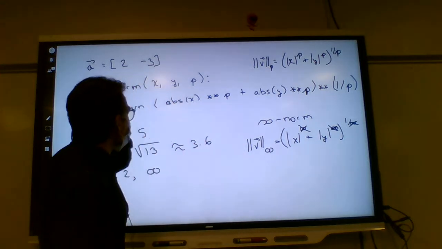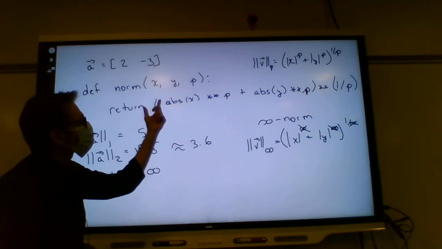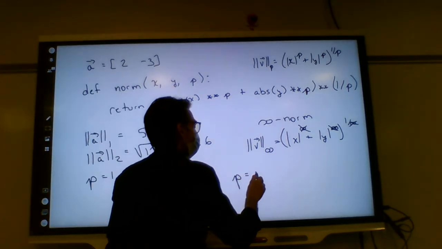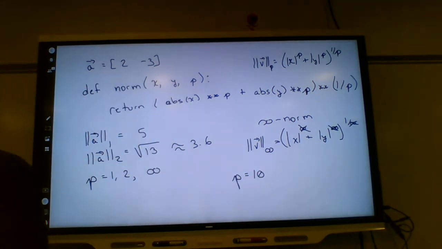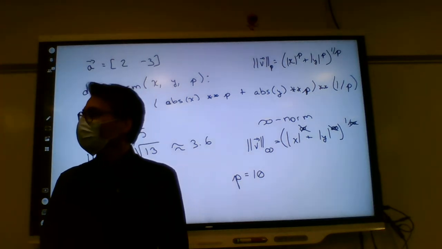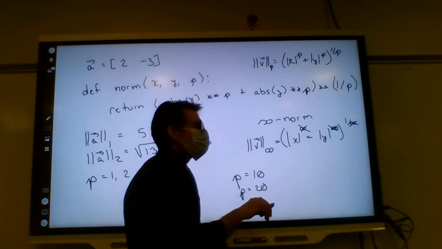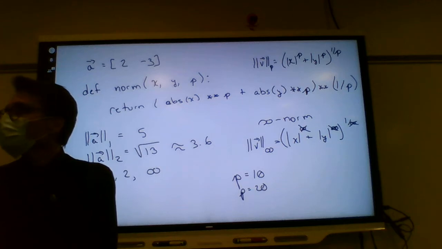All right, so let's try this again. Run this with the same A. But this time, let's try P equals 10. What happens when you run this with P equals 10? Right, it's 3.0 something, right? Let's try P equals 20. Are we basically finding the limit of this?